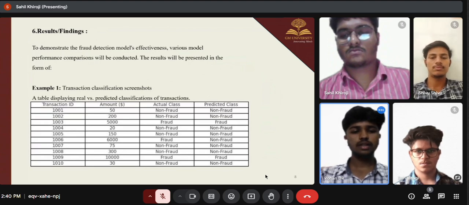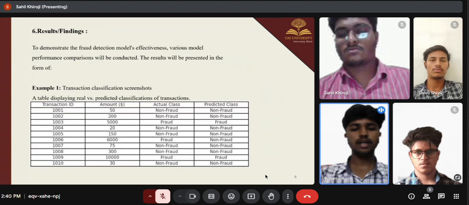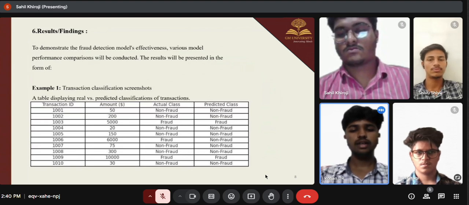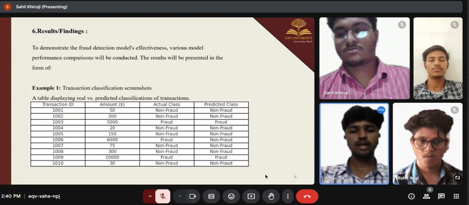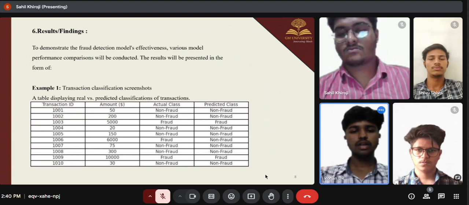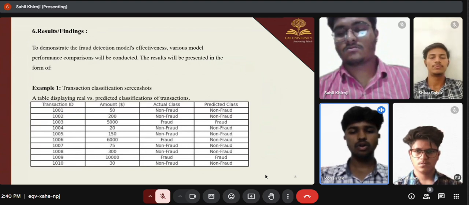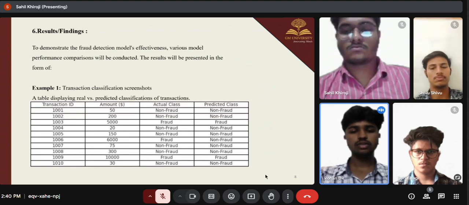For example, in the table, transaction ID 1003 had an amount of $5,000. The actual class is fraud. The predicted class is fraud, and it predicted correctly. And as you can see in the table, transaction ID 1001 had the amount of $50. The actual class is non-fraud.